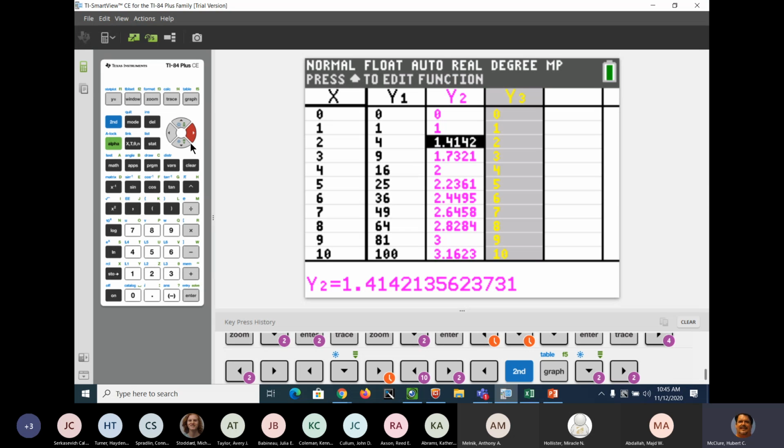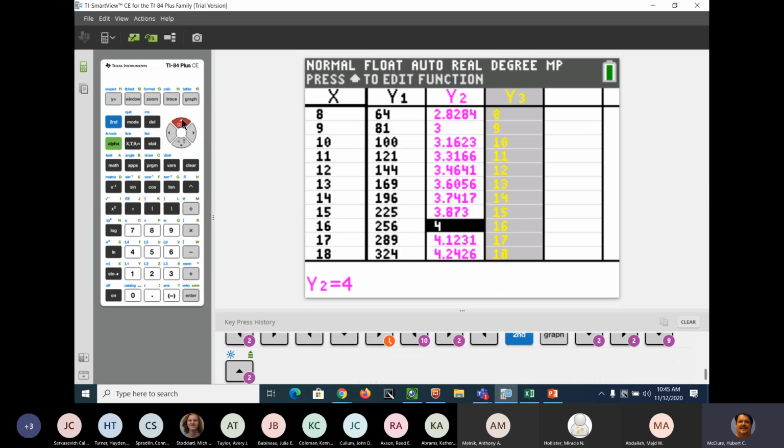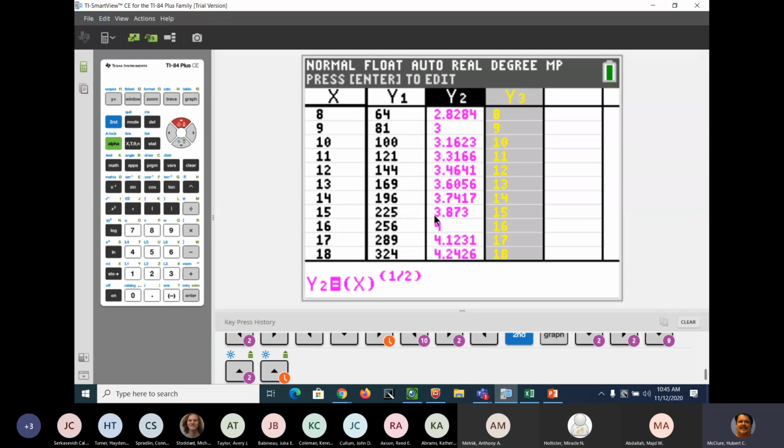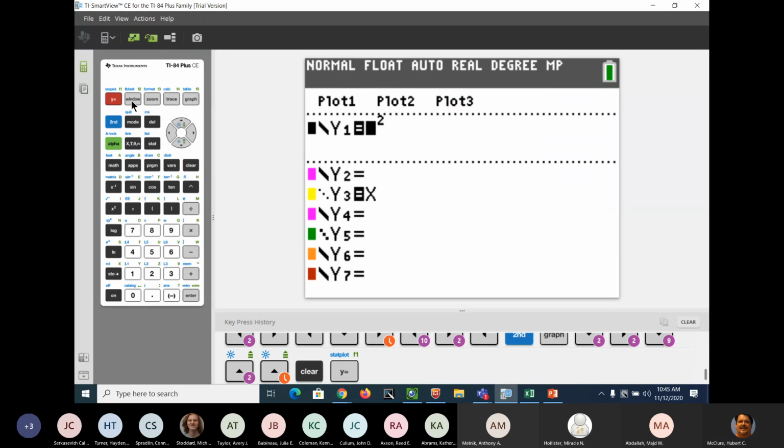Okay, it's doing it in X and Y, so you have to turn it around. But you get my point. So that's how you do inverses.